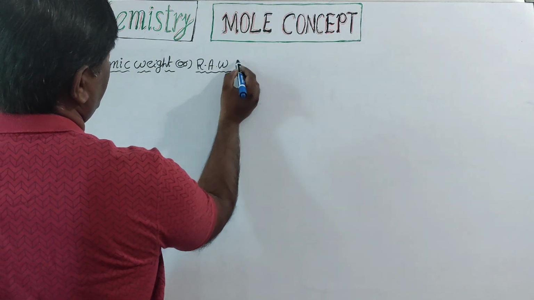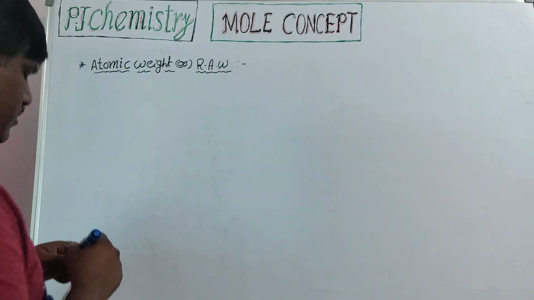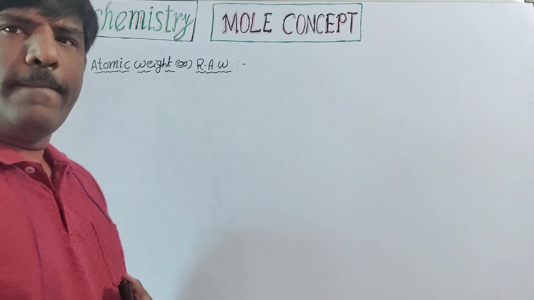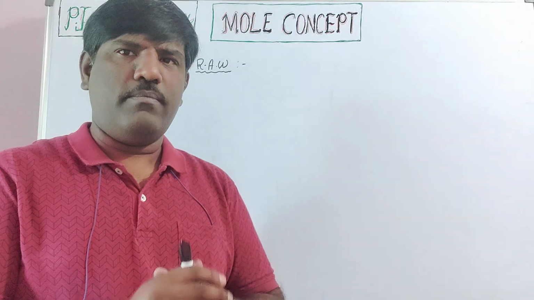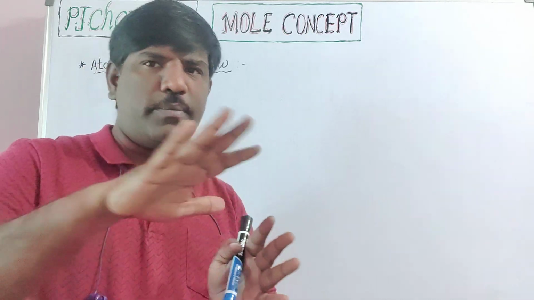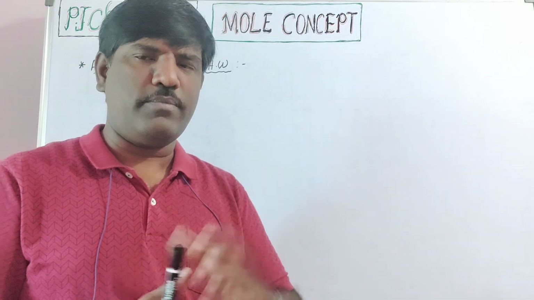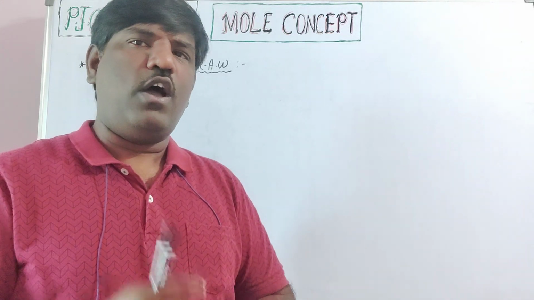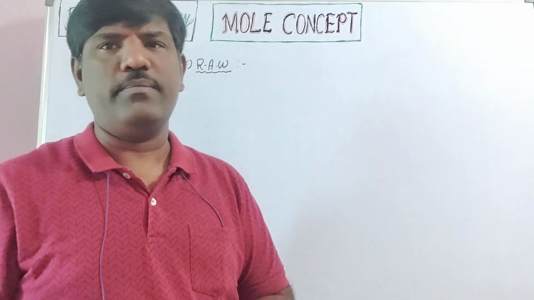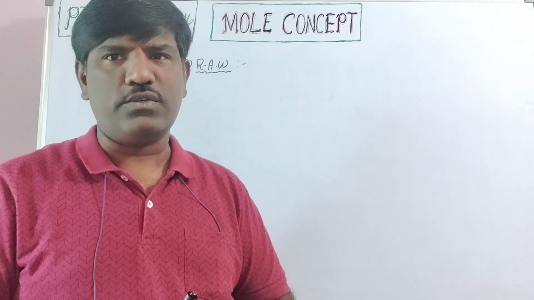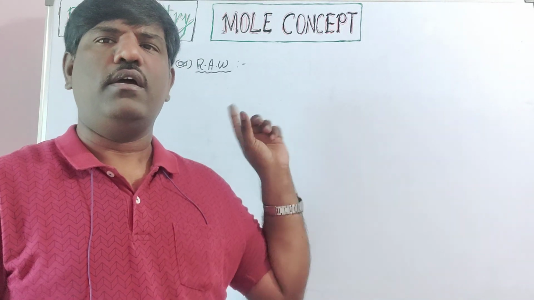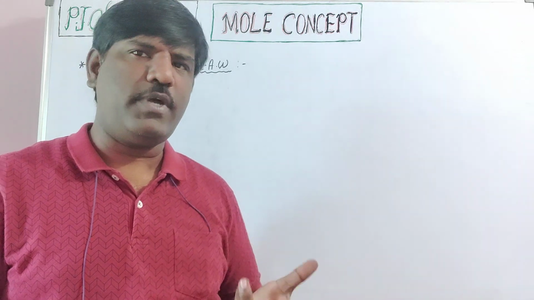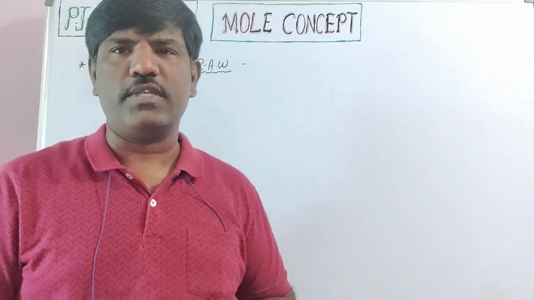Now, what is meant by atomic weight or relative atomic weight, or atomic mass or relative atomic mass? It is the number which indicates how many parts we divided. The number which indicates how many times heavier than 1 by 12th part of the C12 isotope is called atomic weight or relative atomic weight, or atomic mass or relative atomic mass.